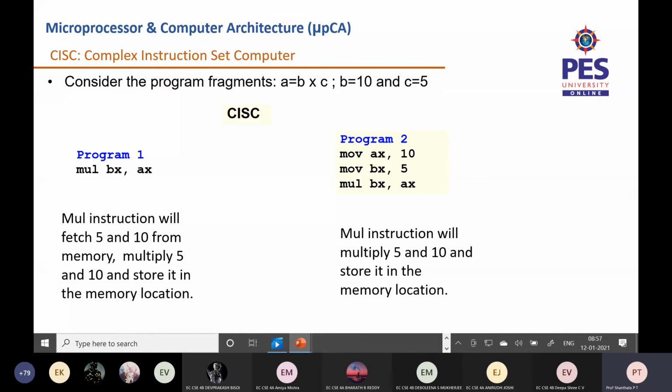Otherwise, we have a second option, program 2, loading A and B. For that I have move instructions and a mul instruction. Again this mul instruction multiplies 5 and 10 and stores it in the memory location. So if I compare these two, the memory required is smaller for program 1.